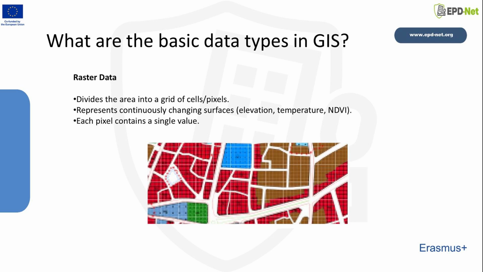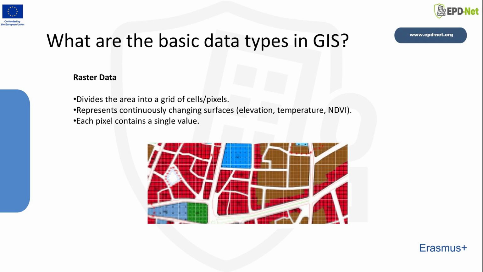This data structure is particularly suitable for representing continuously changing environmental phenomena. Variables such as elevation, temperature, land surface temperature, vegetation density, NDVI, rainfall, and soil moisture are commonly modeled using raster data. Unlike vector data, which focuses on discrete objects with clear boundaries, raster data is used to describe gradual spatial variation across space.